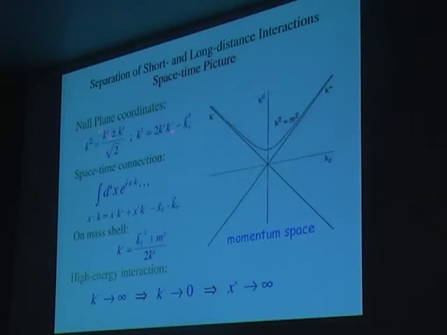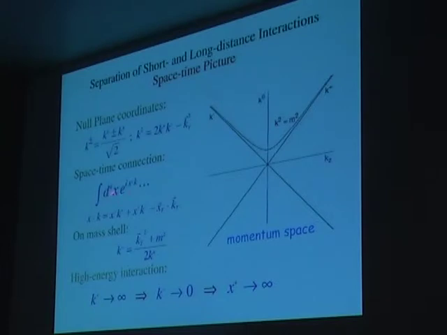To discuss that, it is useful to introduce variables called light-cone coordinates. Namely, we have an e plus e minus interaction like this, with an axis which is the colliding axis. If you define the components as plus and minus combinations of the energy and the momentum in the z direction, you get the so-called light-cone components.